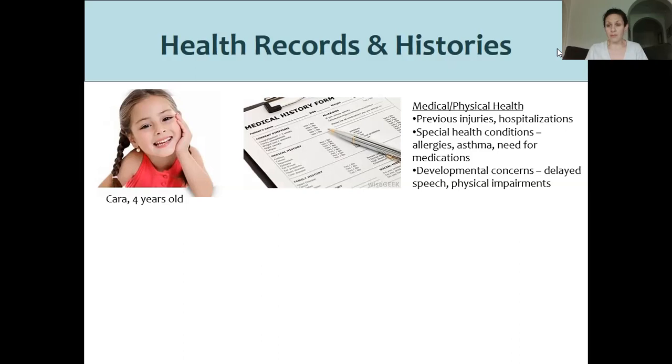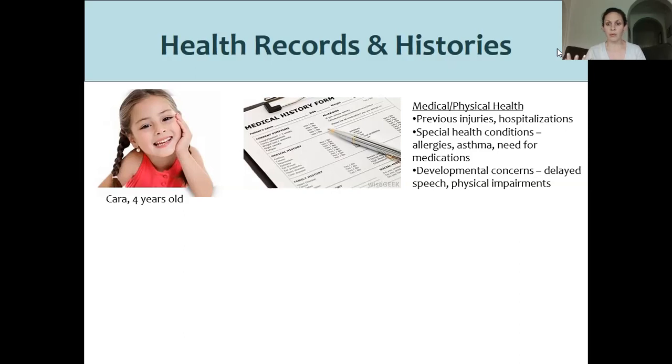Sometimes they're not obvious. You can have a 4-year-old that looks very much like a 4-year-old and find out that she was born 2 months too early. Children have an amazing way of adapting and catching up, but there still can be some brain development that is different. And so you want to know those things.